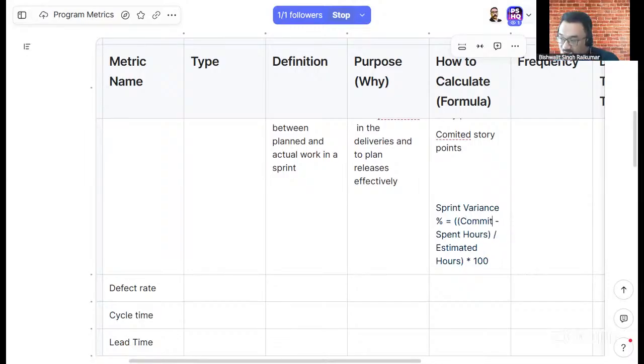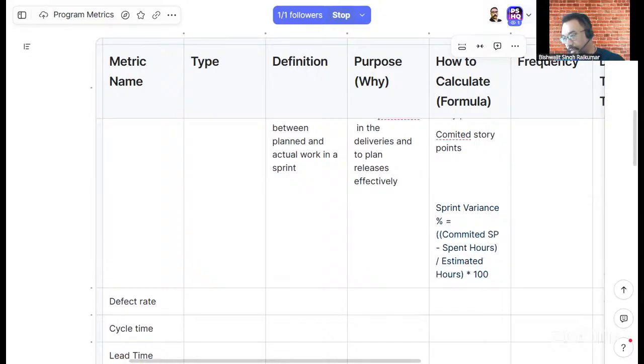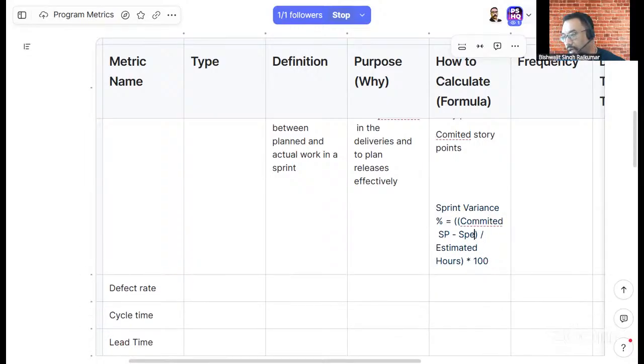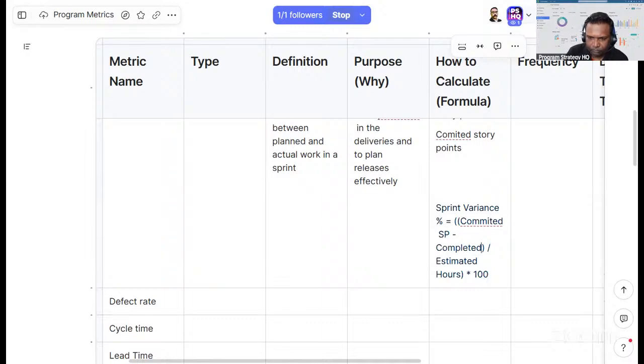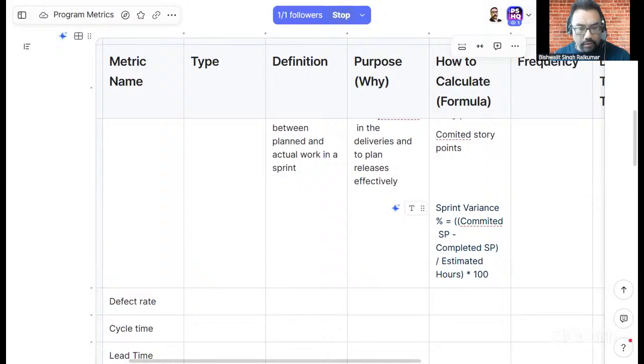Maybe I think this has been calculated using the hours spent. Committed story point minus. Oh, this is like complicated, right? Not this one. I think this might be the right one actually.